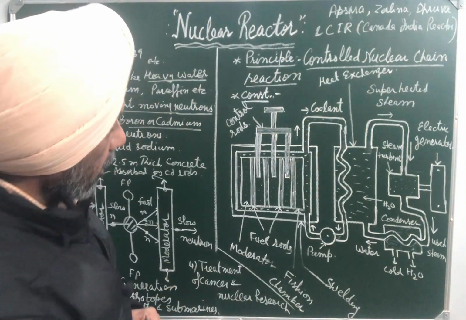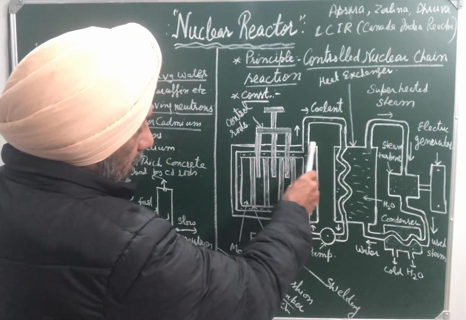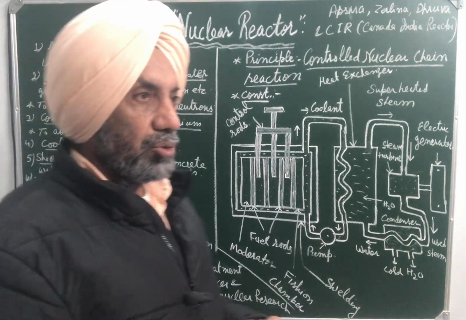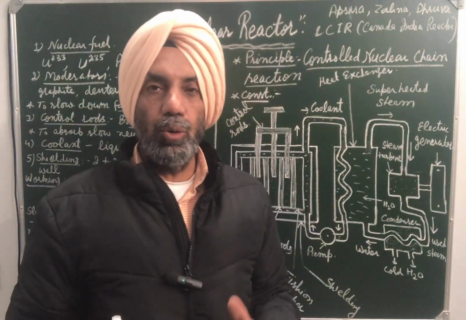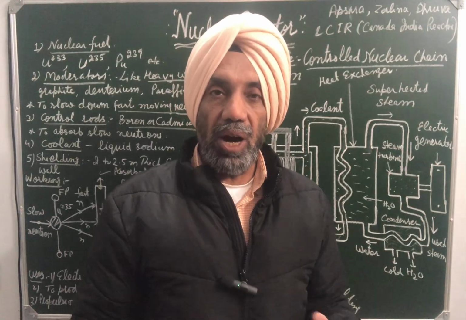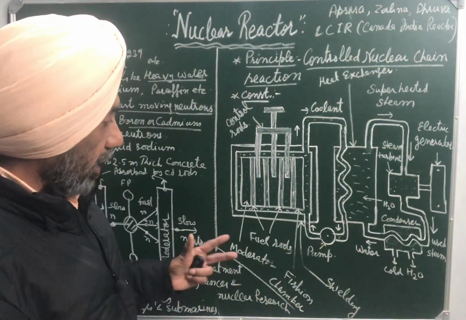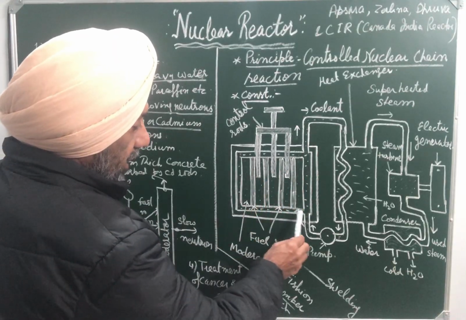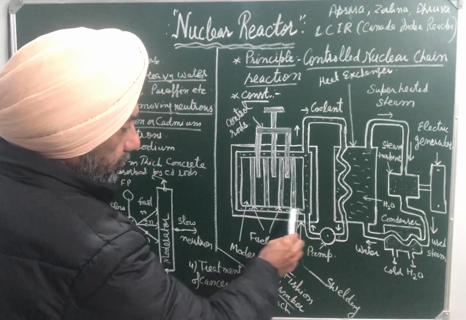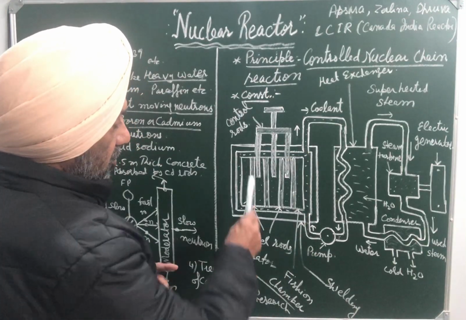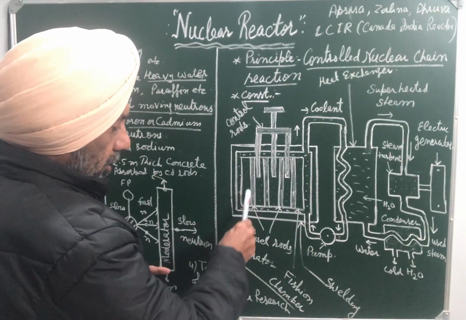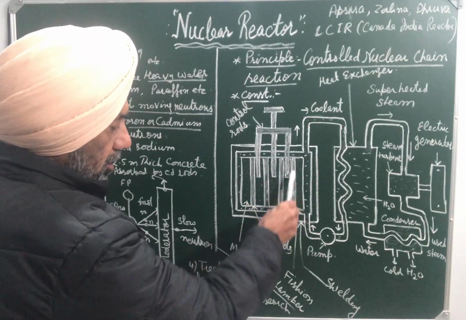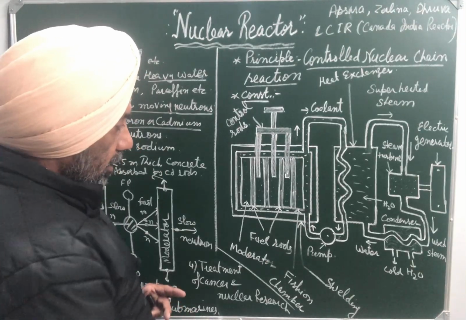Construction. It consists of a cabin with concrete walls having a thickness of 2 to 2.5 meters. In this concrete chamber there is a fission chamber, which consists of fuel rods. These are shown by dark lines.